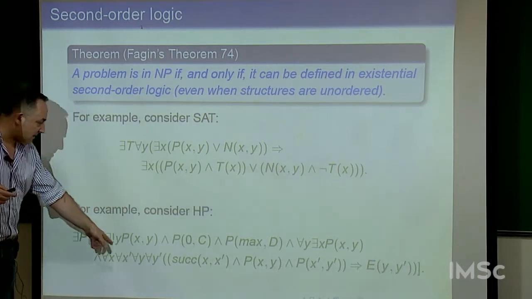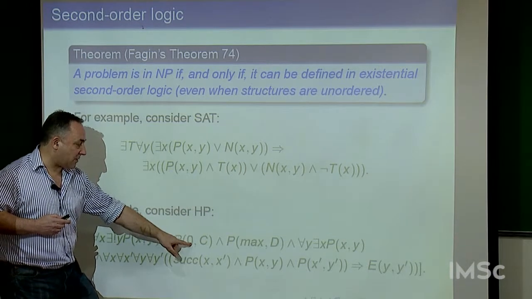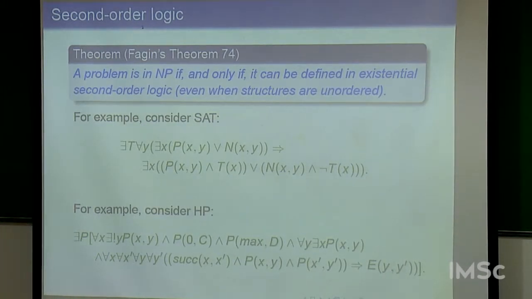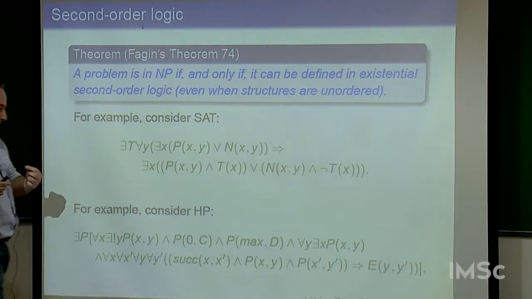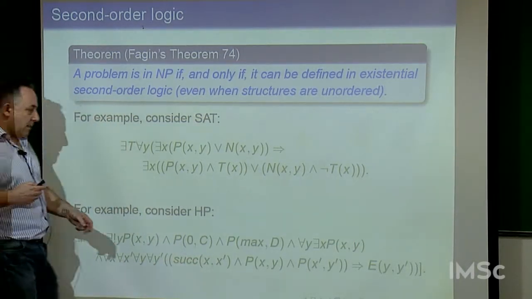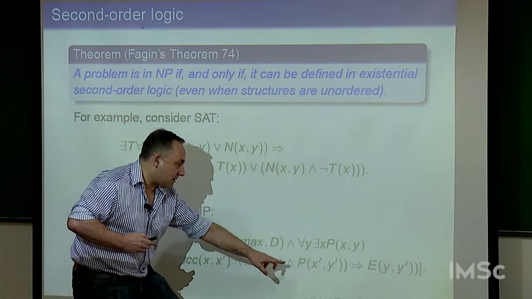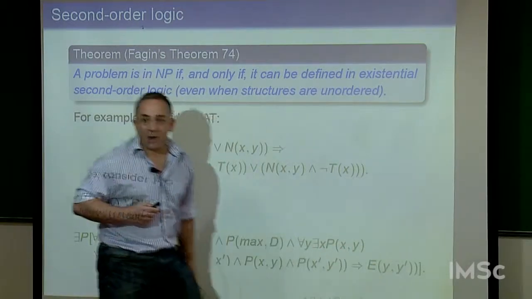And essentially, what this top line says is that P is a matching from 0 dot dot dot n minus 1 to 0 dot dot dot n minus 1, so that the 0th element is C, the last element is D, and if x prime follows x in my built-in order, and the vertex matched with x is y, and the vertex matched with x prime is y prime, there must exist an edge from y to y prime.